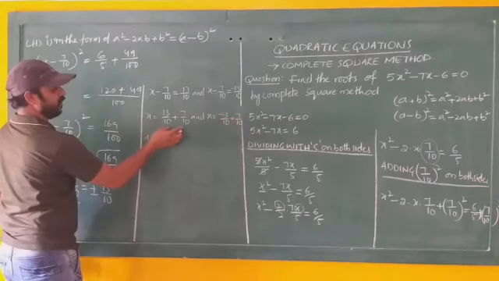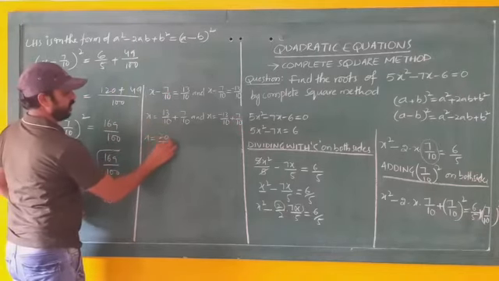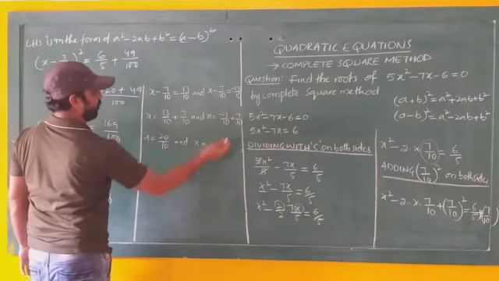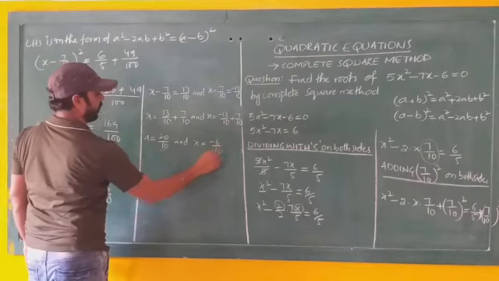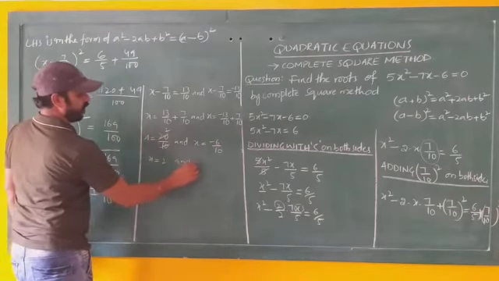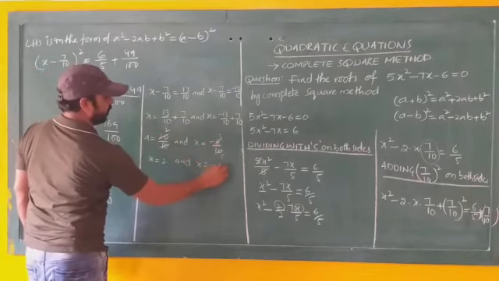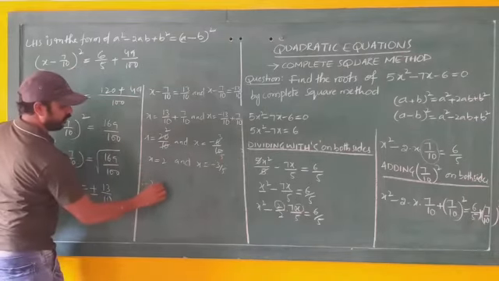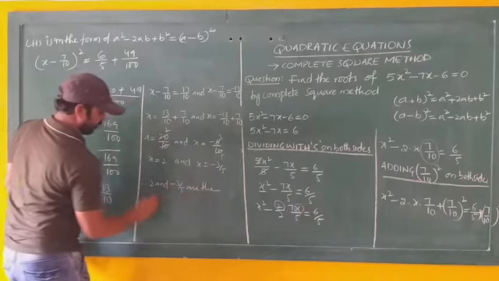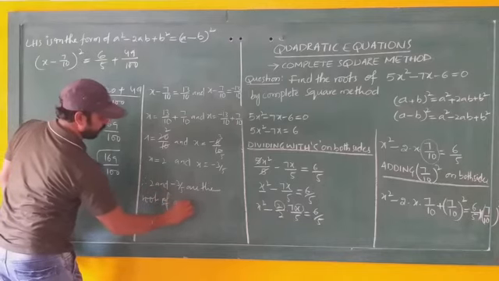Now the denominators are equal, so directly we can add the numerators: 13 plus 7 is 20, 20 by 10, and x is equal to minus 13 plus 7, which is minus 6 by 10. 10 ones are 10, 10 twos are 20, so x equals 2, and here 2 threes are 6, 2 fives are 10, so x equals minus 3 by 5. Therefore 2 and minus 3 by 5 are the roots of the given quadratic equation.